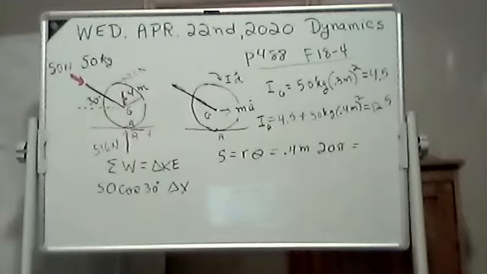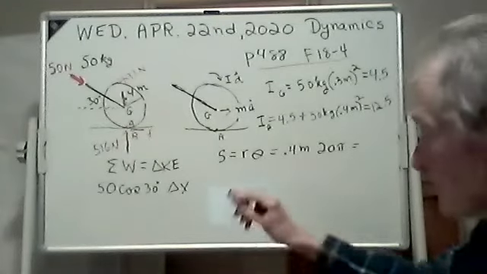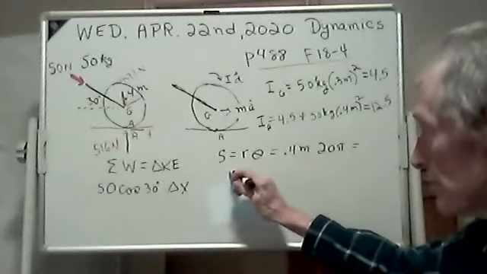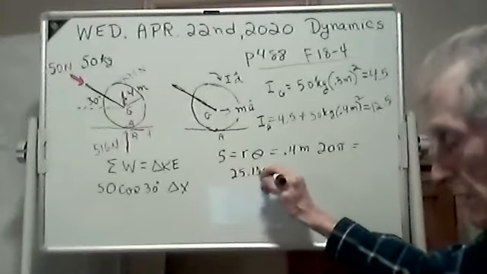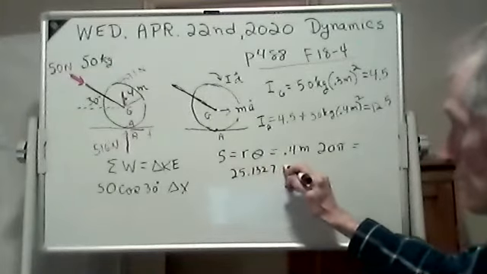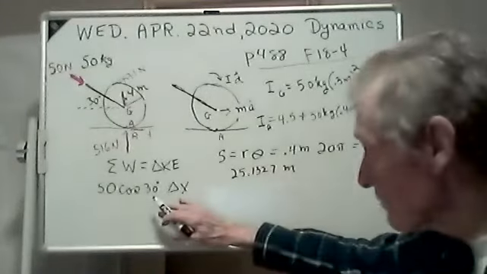oh gee, I can't do that in my head. Okay, it's 0.4 times 20 times pi. Did you get 25.1 blah, blah, blah meters? That's how far it goes.